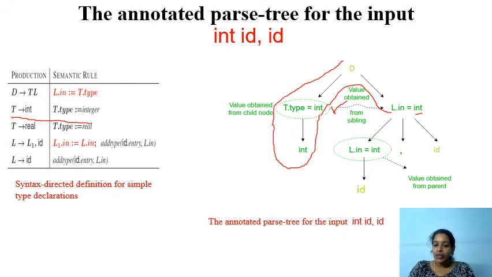Now we continue traversing, and here this L gets its value from its parent L.in, which is int. We continue traversing like this, and now we put an entry into the symbol table and continue the traversal.